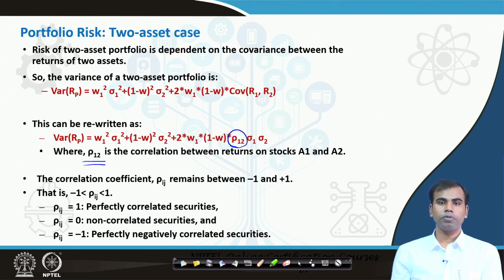This essentially helps us in minimizing or reducing the risk, because we know that when we have two assets, the correlation will determine the total risk of the portfolio.